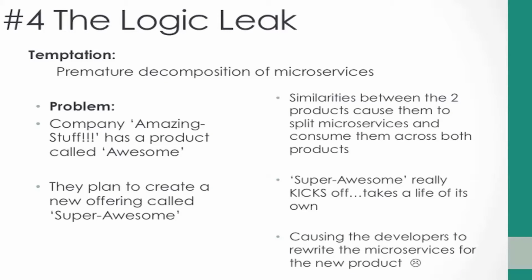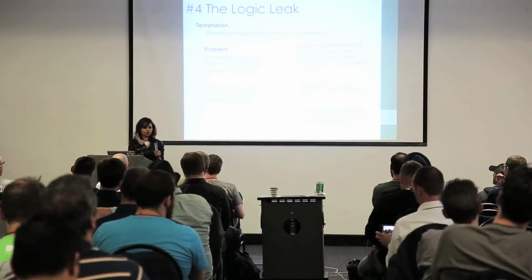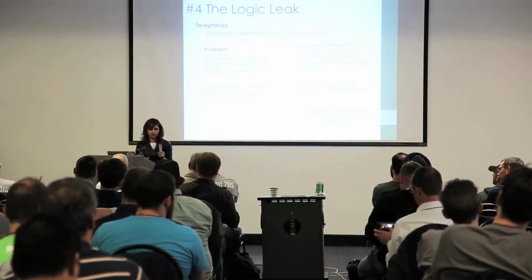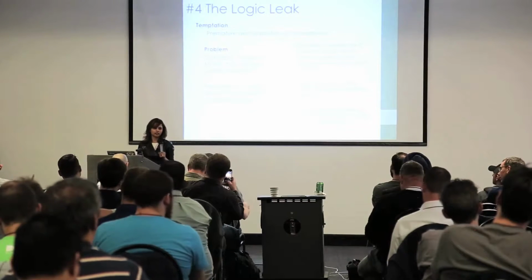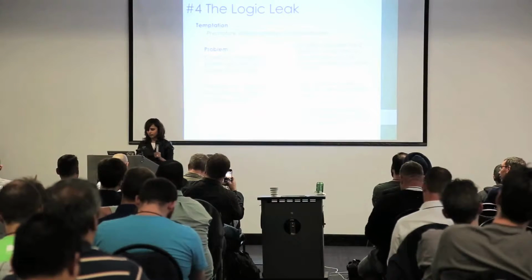So it really kicked off, it got really, really popular, and then they had to add all of these new features to the application. And that's where they realized that now they are going to have to redo everything, because whatever change they make to the commonly shared microservice is going to impact the other application as well.